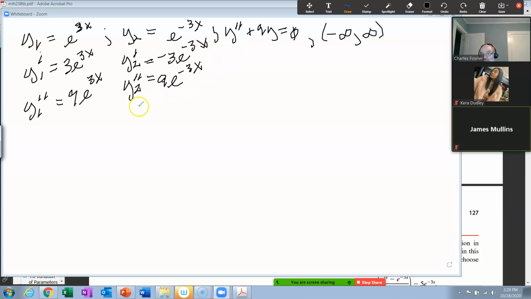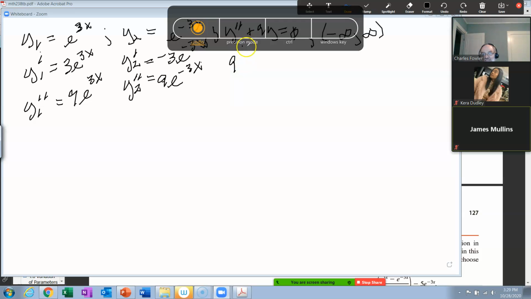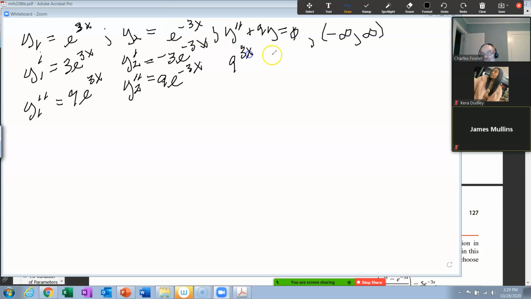So y double prime here is 9 e to the 3x plus, okay, something seems to be wrong here. Is that a plus or a minus? It's a minus. That's what's wrong. I said that can't be true. Okay, get my eraser.